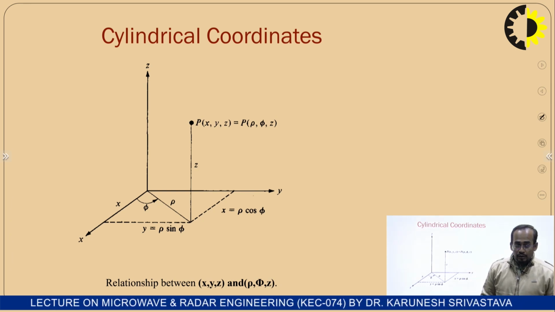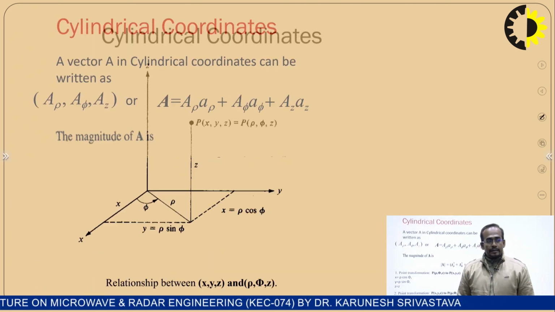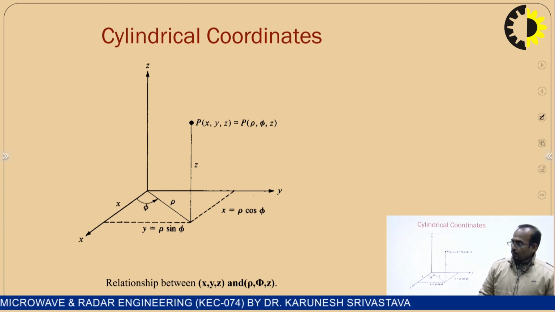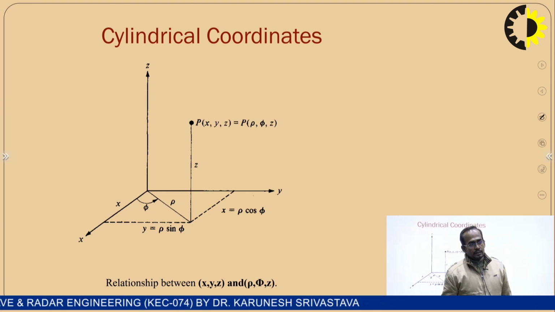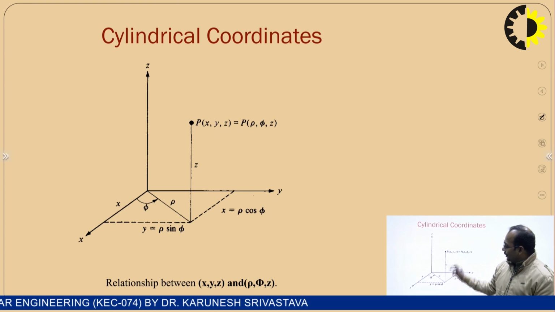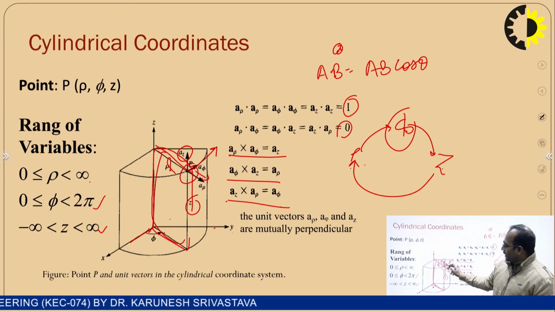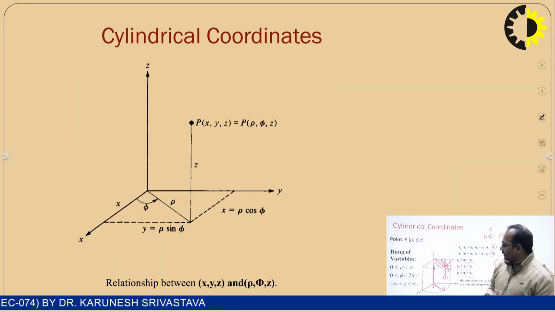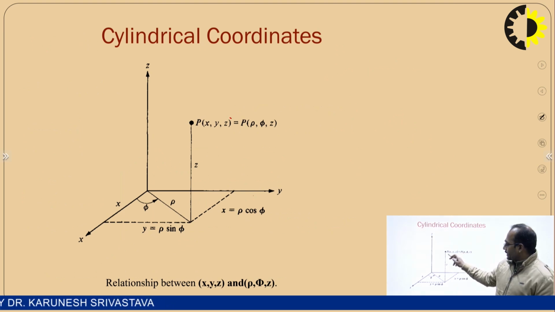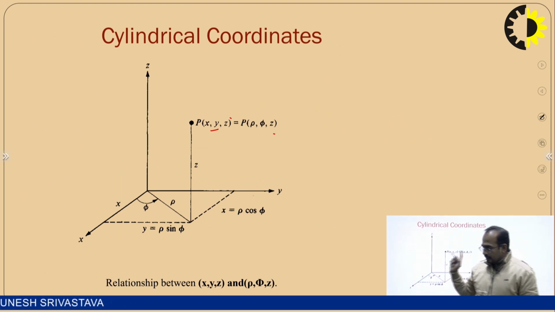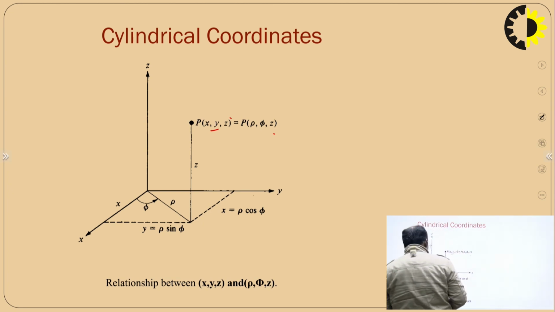Now how will you correlate the Cartesian coordinate system to the cylindrical coordinate system? I have already considered here the point P whose coordinates are x, y and z. So this coordinate x, y, z is equal to rho, phi, z in the cylindrical coordinate system. By moving this plane in anti-clockwise direction, I have created a cylinder in the rho, phi, z or cylindrical coordinate system.